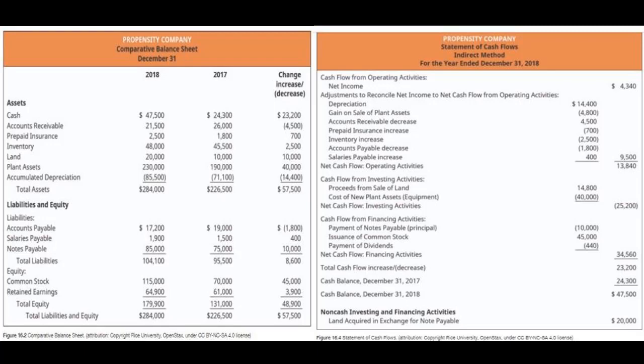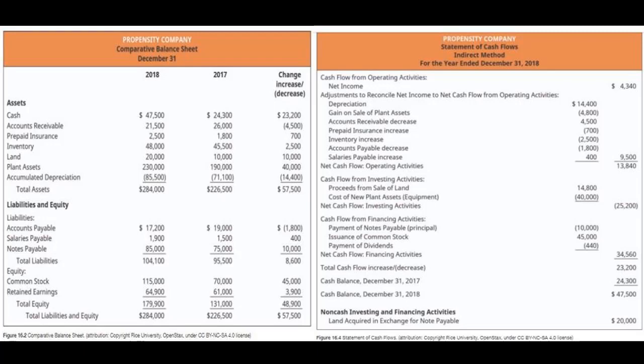Well, if you take the $4,340 number in figure 16.4 and combine it with the negative 440 number in figure 16.4, you do indeed get the $3,900 change in retained earnings number that you are looking for that appears in figure 16.2.